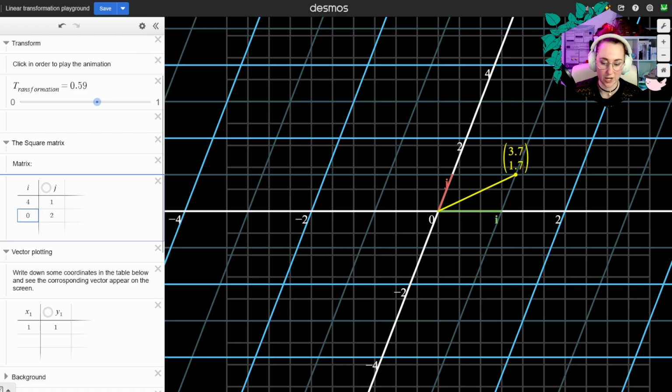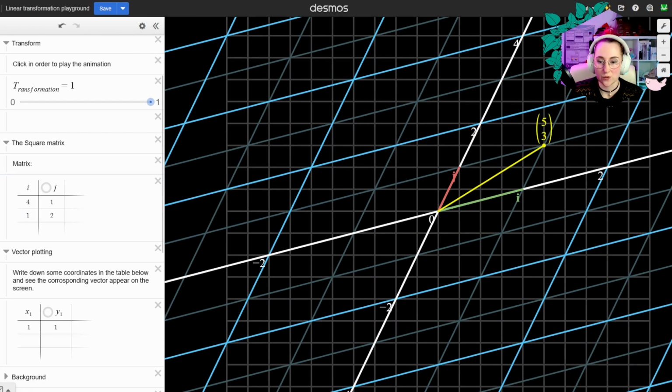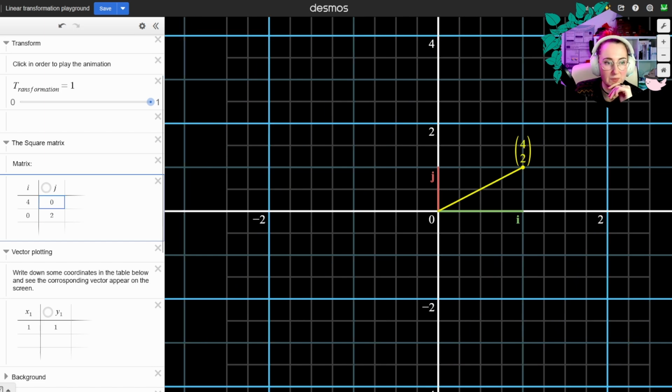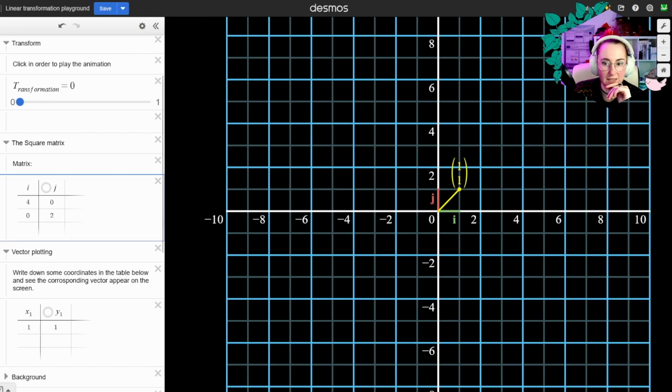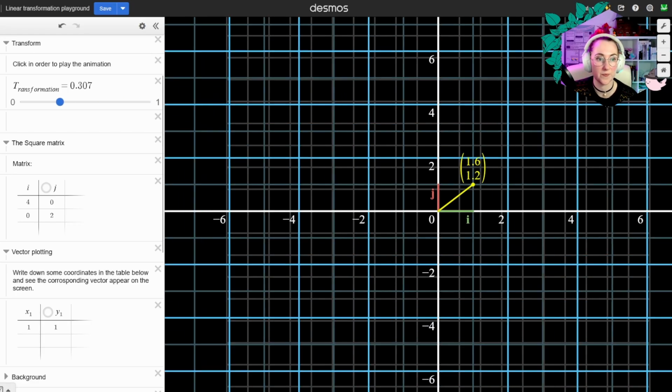If I were to change this to a 1, we can see that a 1 transform is now gone up 1, whereas before it stayed on there. And if I do the same thing with the j and change that to 0, then the transform here is just stretching and scaling along the axes, but everything stays horizontal and vertical as we're used to them.